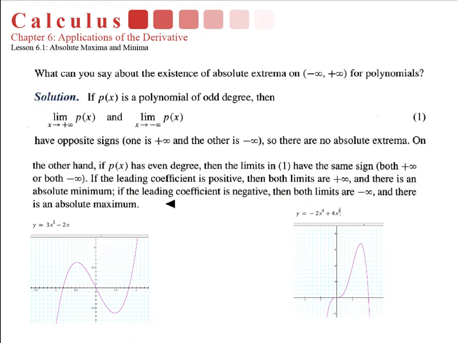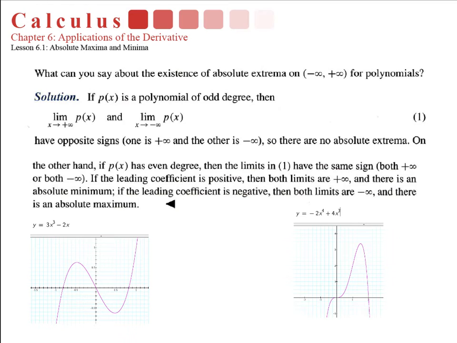So, if p of x is a polynomial of odd degree, then it has differing end behaviors, meaning one end is going to go to positive infinity and the other end is going to go to negative infinity. So they're going to have opposite signs, and that immediately means that there are no absolute extrema for polynomials of odd degree.